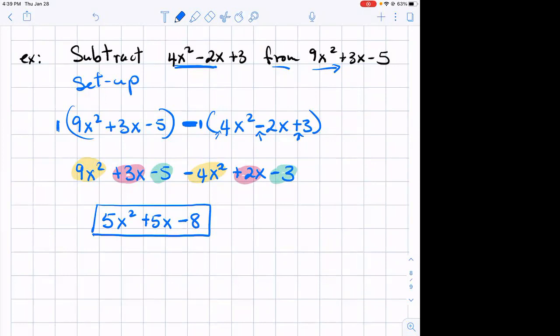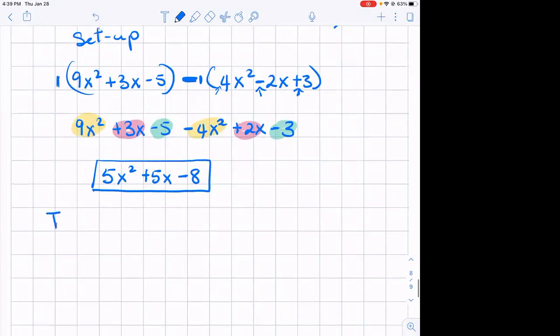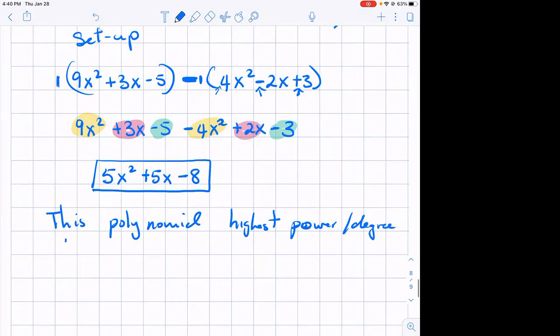Now, there is something unique about this polynomial that I should have said before. Notice that the highest power, or degree, is 2.